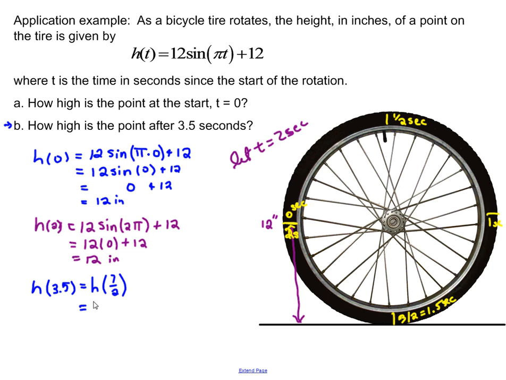Well, h would be equal to 12 times the sine of pi times 7/2 plus 12. That's equal to 12 times the sine of 7 pi/2 plus 12.